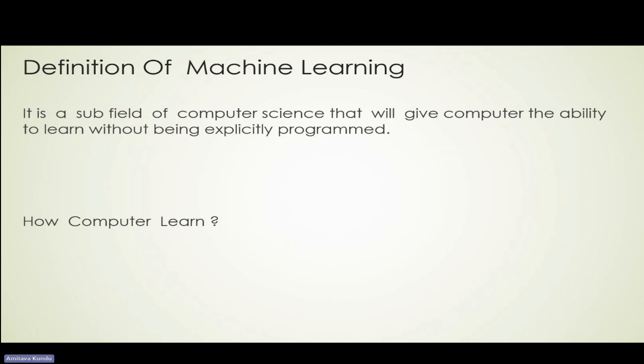Now the question is, how does a computer learn? It is similar to a human being. How a human being learns, the same way a computer also learns. So let's explore more.